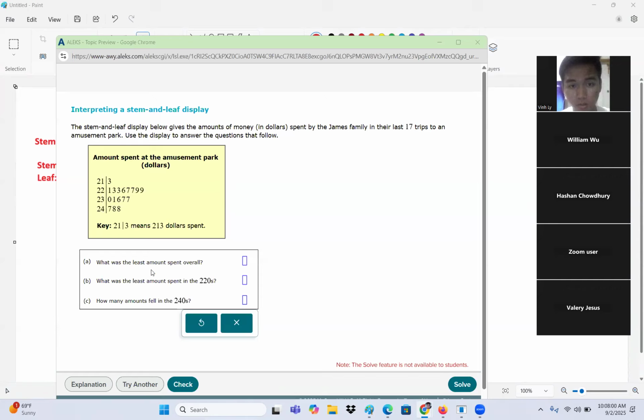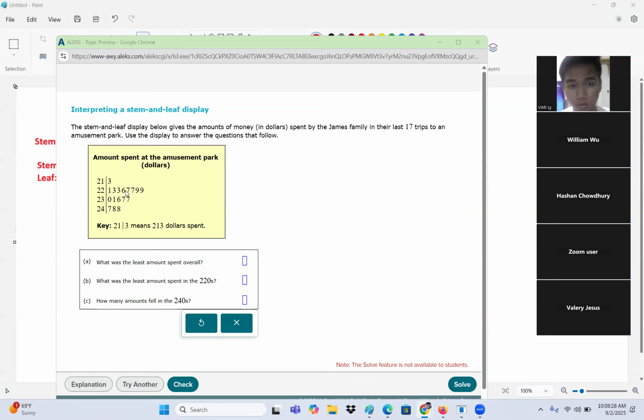And then what was the least amount spent overall, right? The least amount, we can literally check, is $213. So that's the least amount of money being spent. And then what was the least amount spent in the 220s? You can count the number of data sets: one, two, three, four, five, six, seven, eight.